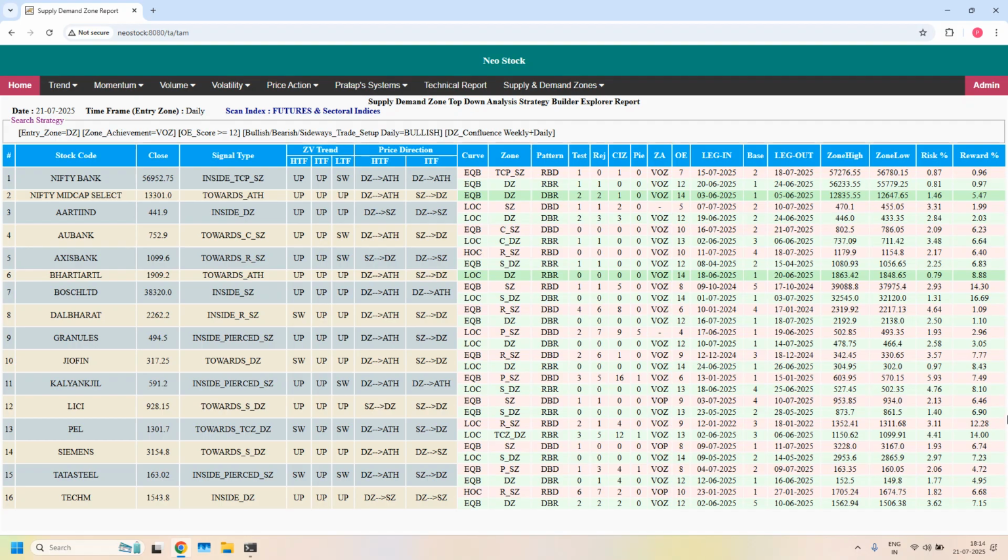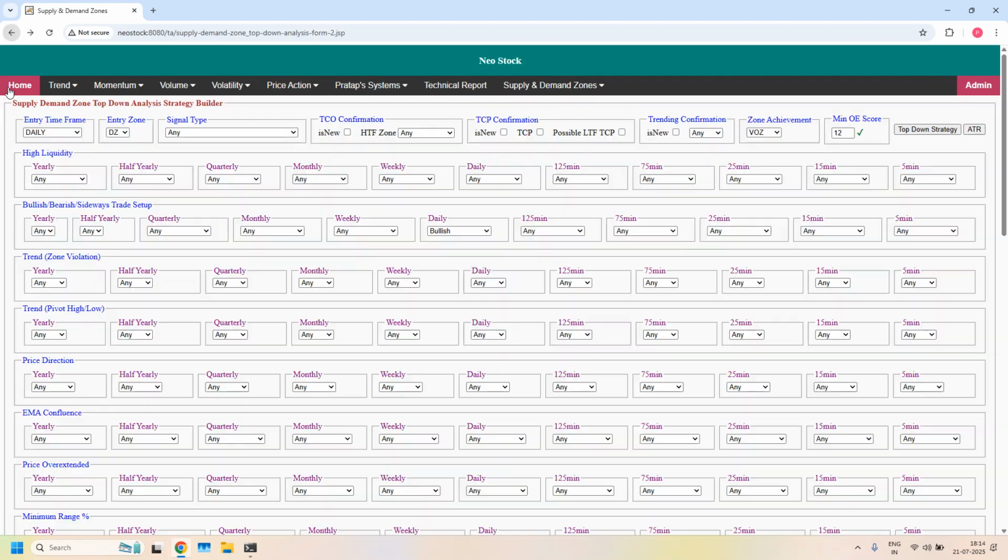Okay, let's further apply EMA confluence filter on these stocks, weekly EMA confluence. So in the EMA confluence parameter at weekly time frame, I am checking whether weekly demand zone has weekly EMA confluence or not, because weekly trend is uptrend in all the stocks. ITF trend is always uptrend in the bullish trade setup. That is what you learned.